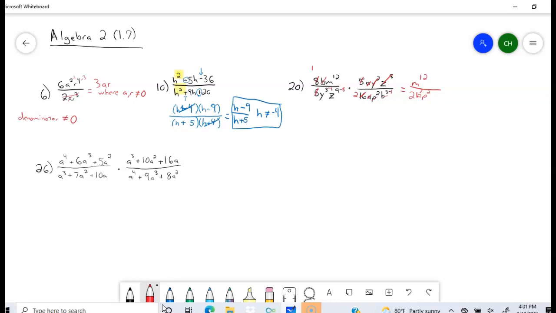I've got a y to the 3 minus 1, so y squared. And I've got a z to the 9 minus 8 is just z. Alright, so the only thing that was completely canceled on the bottom is the a, which means that in my solution I have to write a cannot be equal to 0.